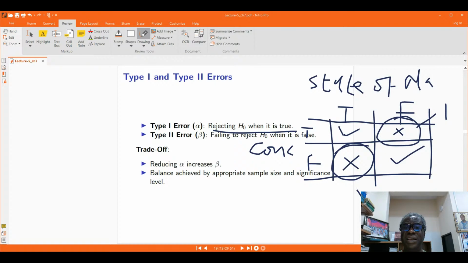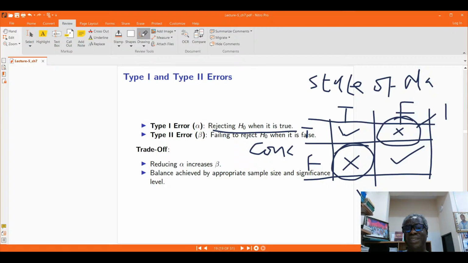But at this point, it is important to know that we always want to reduce errors as much as possible. But since we are likely to commit two errors, the problem is that as you want to reduce one error, you end up inflating the other error.